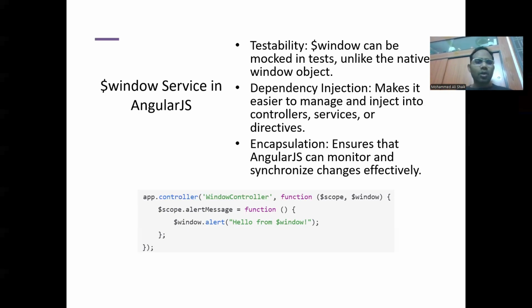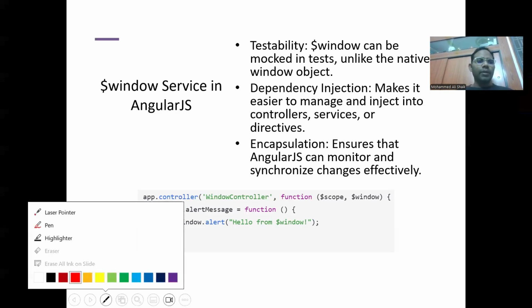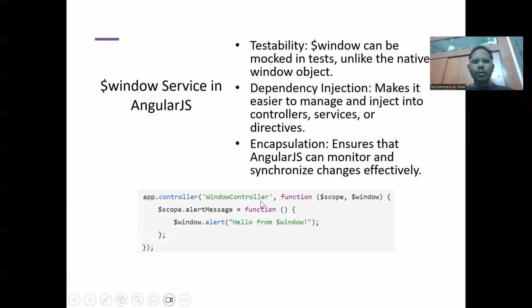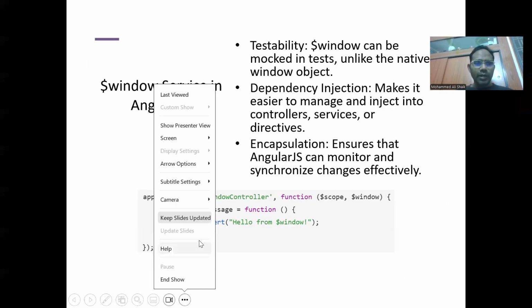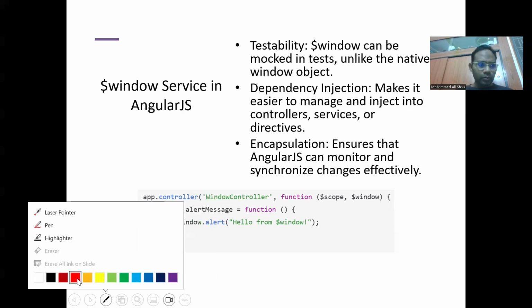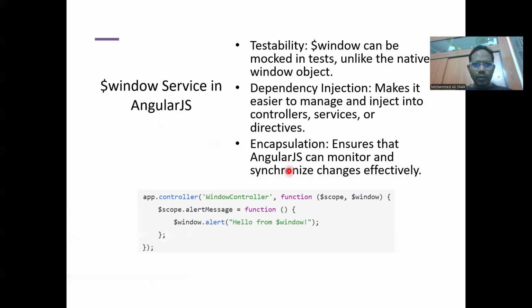So here we have this $window service. If you can see here at the bottom, we have this window controller. So this is what we call the $window service in AngularJS.